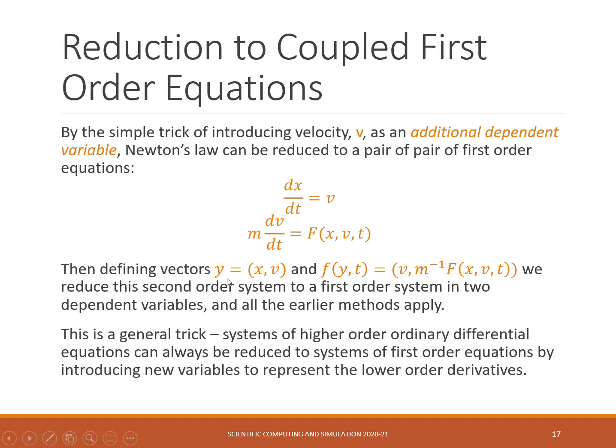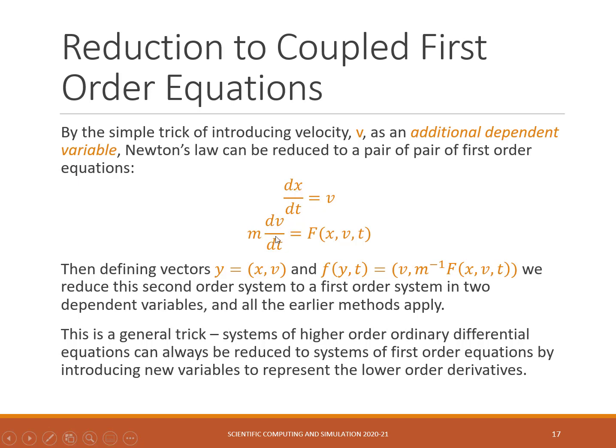Now, to solve Newton's second law using the approaches already learned, a simple trick is to add one more dependent variable v as defined here, and then convert the second-order differential equation into a coupled system of two first-order differential equations.